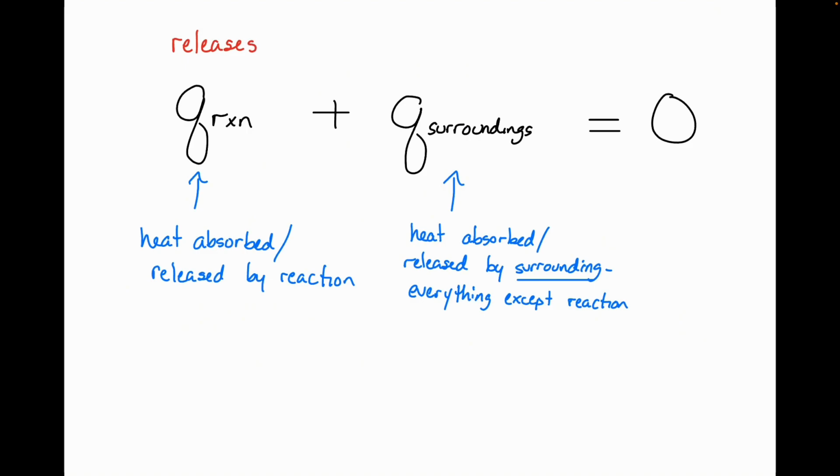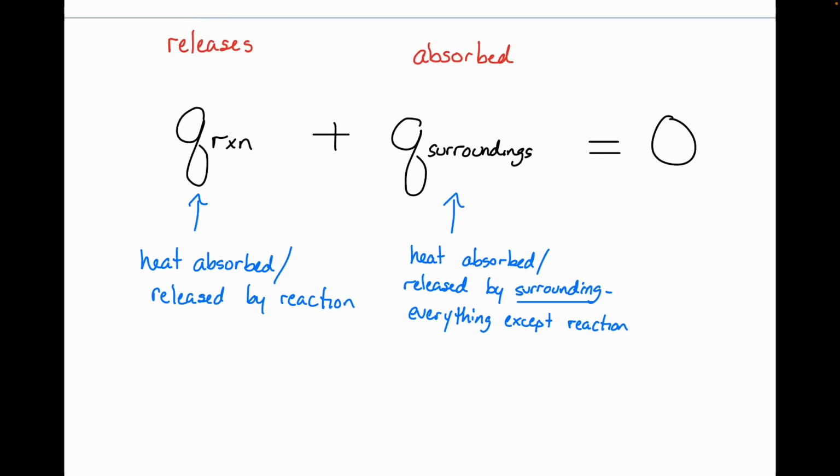Then every bit of that heat, down to the joule, has to be absorbed by the surroundings. And likewise, if on the flip side you had a reaction that absorbed heat, well, where is that heat coming from? It has to be heat that was released from the surroundings. These two quantities together have to sum up to 0.